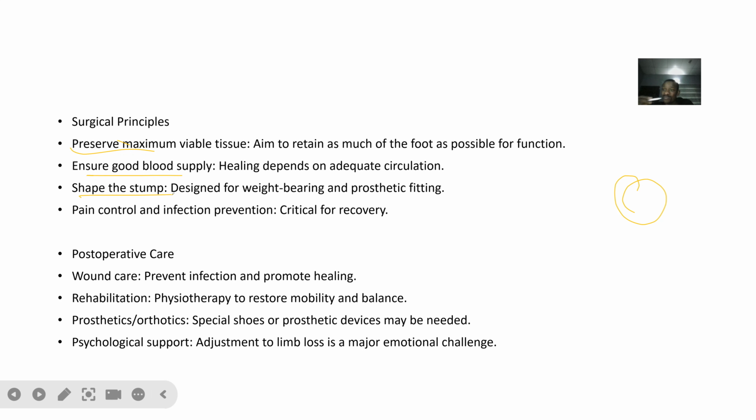Then after the surgery, pain control and infection control. Make sure you care for the wound. Make sure you rehabilitate the person. If there's a prosthesis that can be put there, make sure you put it, and make sure that the shoes the person will be wearing are able to accommodate the condition that this person has.